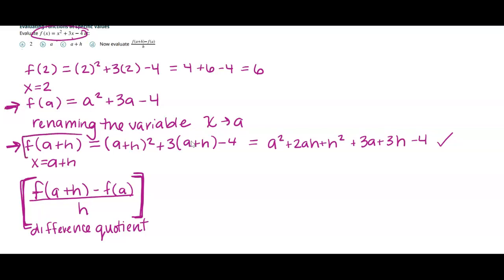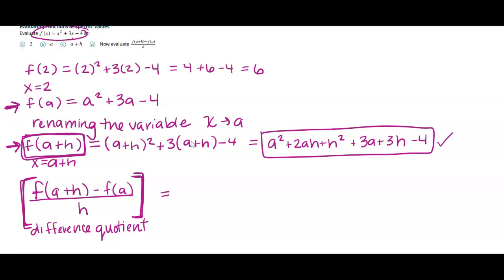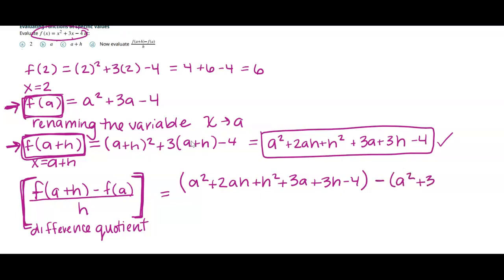So in place of f of a plus h, I'm going to put this entire piece that I found in part C. In place of f of a, I'm going to put what I found in part B all over h.